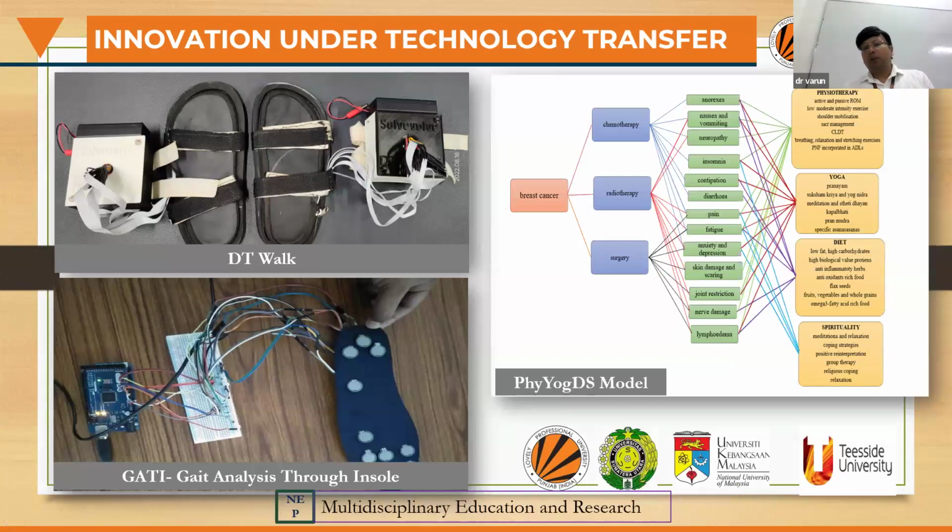In our department, we have lots of research activities. Under the research activities, on a daily basis, we are doing some innovations. You can see here the DT Walk as well as Gati, which is gait analysis through insole. All these are products developed by the students only.